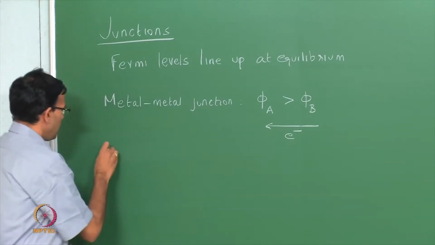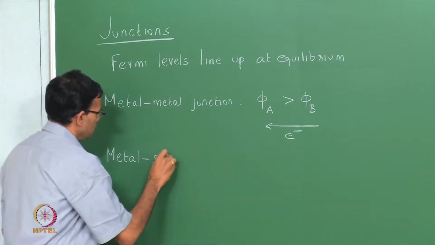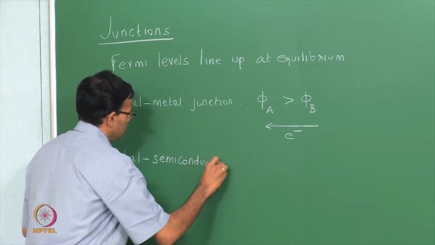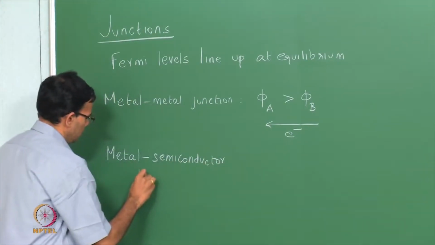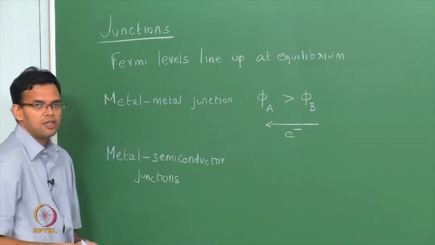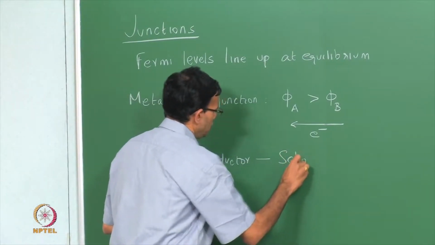We then looked at metal semiconductor junctions. And we saw that there were two types. The first one was called Schottky junction.